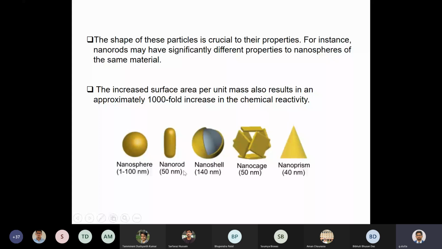For example, take Fe nanoparticles, Fe meaning iron. Maybe you can mix gold and Fe together to form your nanoparticles. This is a kind of hybrid nanoparticle you can form, and it may behave in a different way.